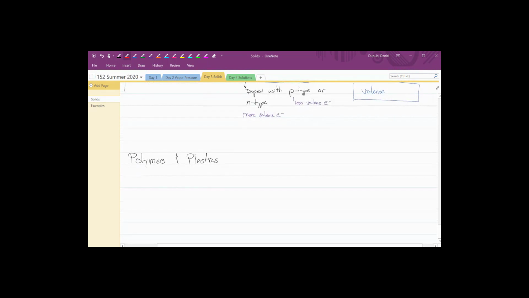Polymers and plastics. So a polymer, think of poly, many, are long, chain-like molecules composed of repeating units called monomers.